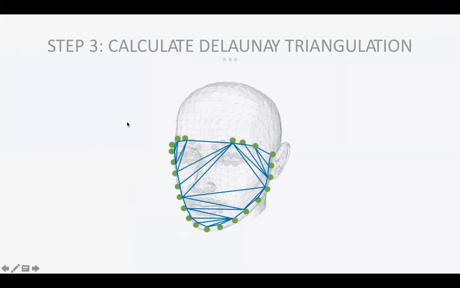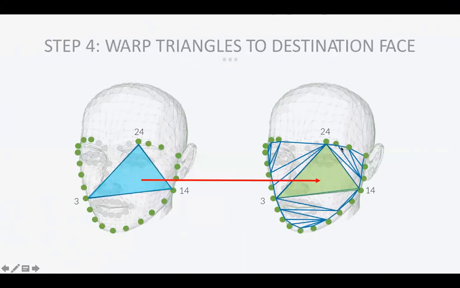Let me go back to the slides. And here is the actual swap functionality. To perform face swap, all you need to do is calculate the landmark points. We got those. You need to perform Delaunay triangulation. We just did that.